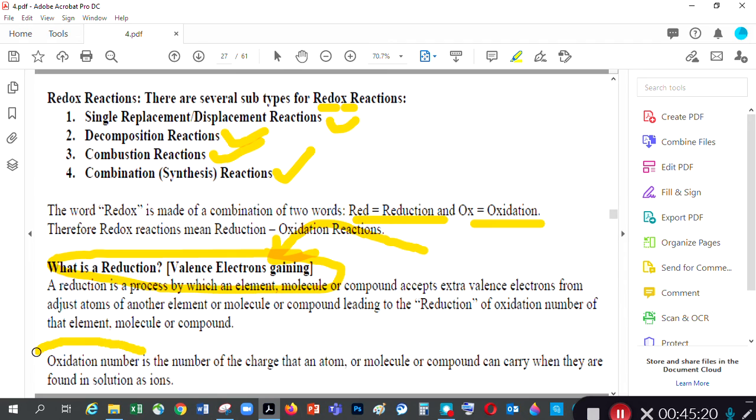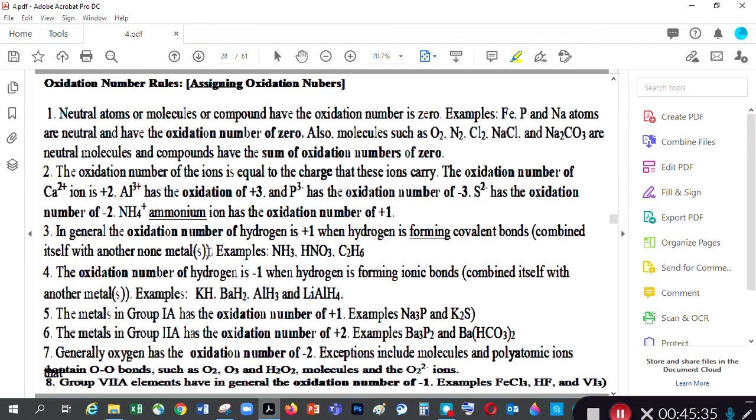Correct? And here's the definition of oxidation number. It is the number of the charge that an atom or molecule or compound can carry when they are found in solution or as ions, during the chemical reaction. Here we have just general rules, so you don't have to memorize them, but you'll get the idea as you see a lot of examples.